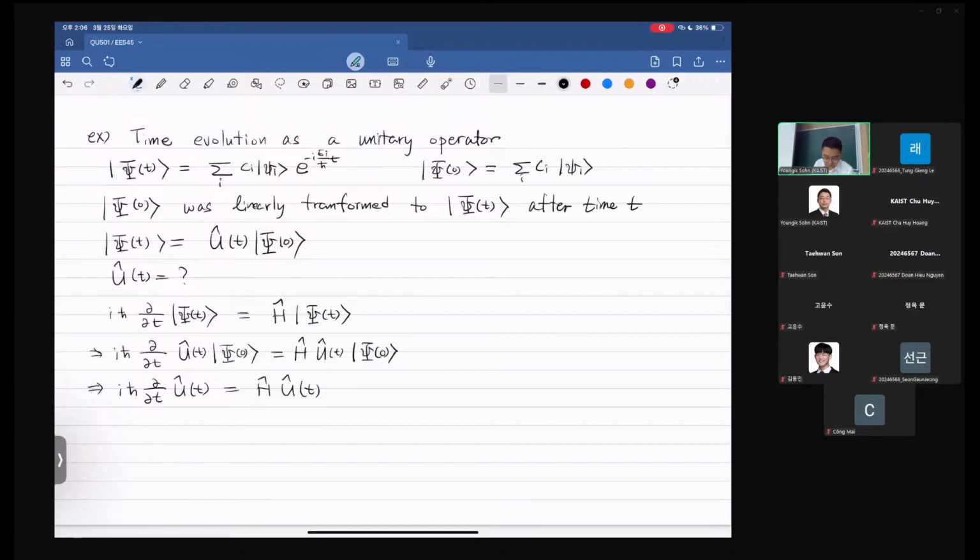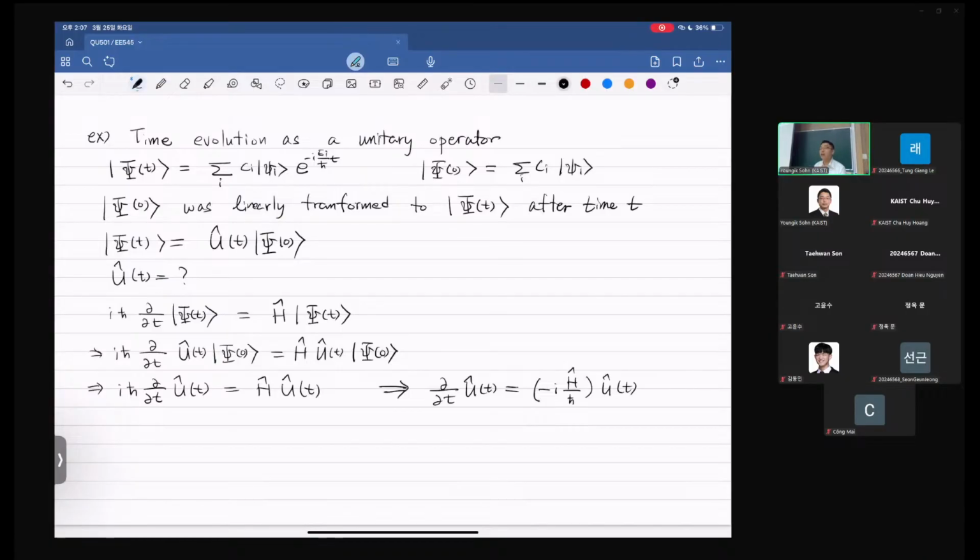Let me update this. To clean up the left-hand side, I'm only leaving the differentiation as a function of time, and the i h bar I'll send to the right-hand side. So d/dt U(t) equals minus i over h bar H operator U(t).